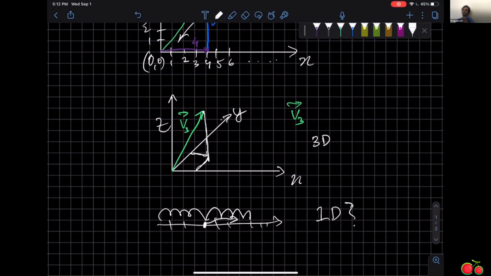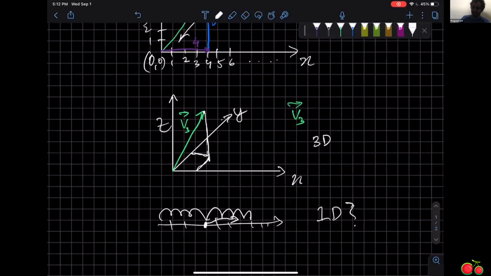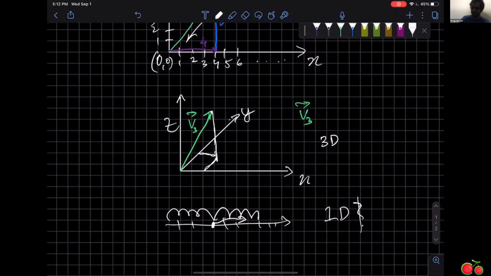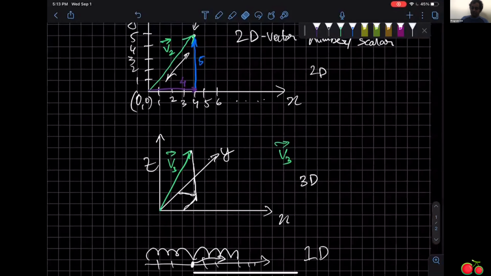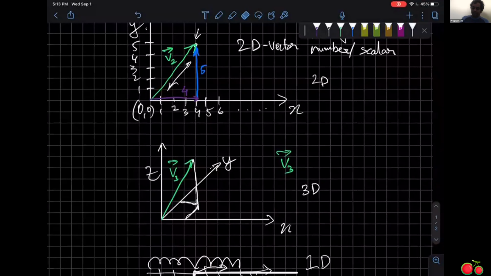That's why you have this notion of direction: you can take steps in either direction. So a 2D vector would look like, say, 3, 4. That would be a 2D vector. A 3D vector would look like this.